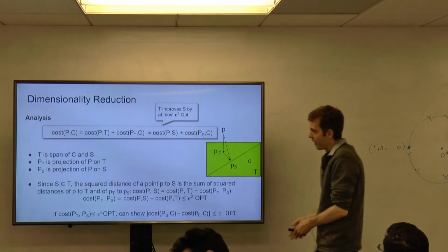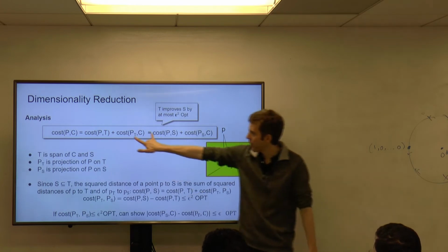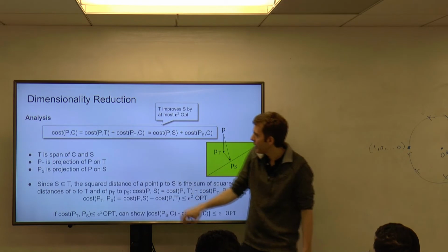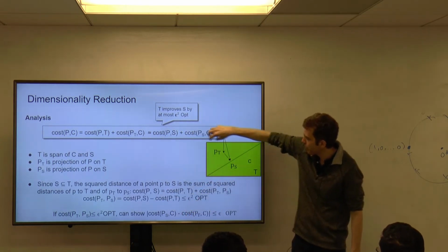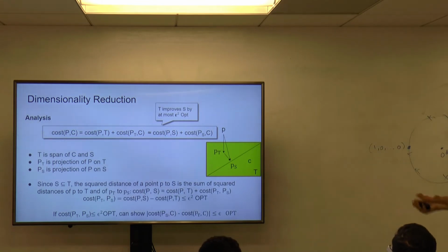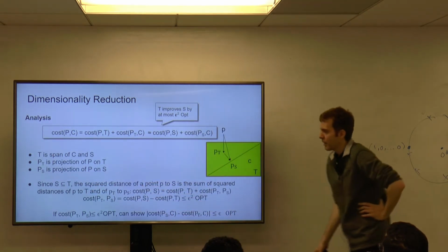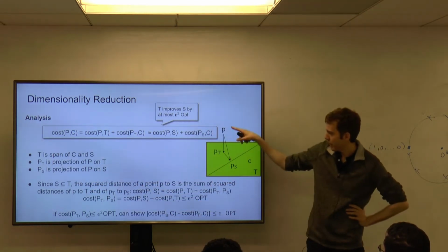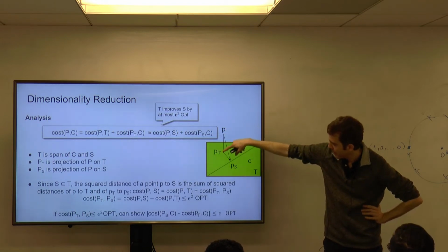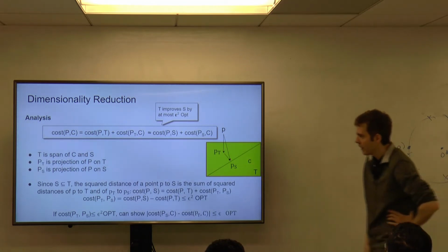The other thing that you can show, I'm not going to show it for K-means because I want to focus on K-median, but you can show that the cost of moving the projected points onto T to their centers is about the same as the cost of moving the projected points onto S to the centers. Why is this? Well, since S is contained inside of T, the square distance of a point P to S is the sum of the square distance of the point P to its projection onto T plus the square distance of that projection to S. That's the Pythagorean theorem.